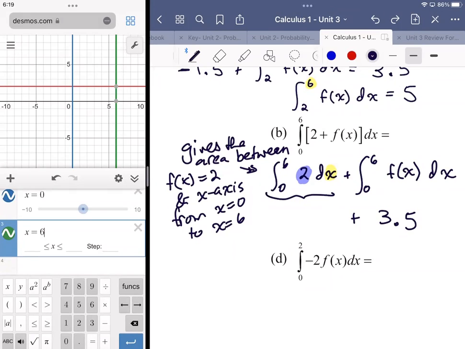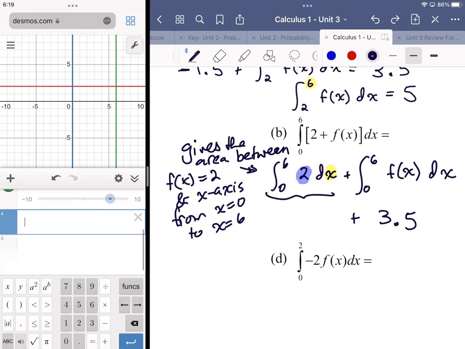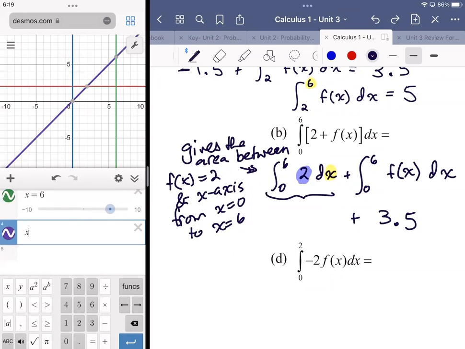Now, if I want to get really, really cute about it, I could try to do the shading, which would be, I'll just do this as a side computation. It would be y is less than or equal to 2.